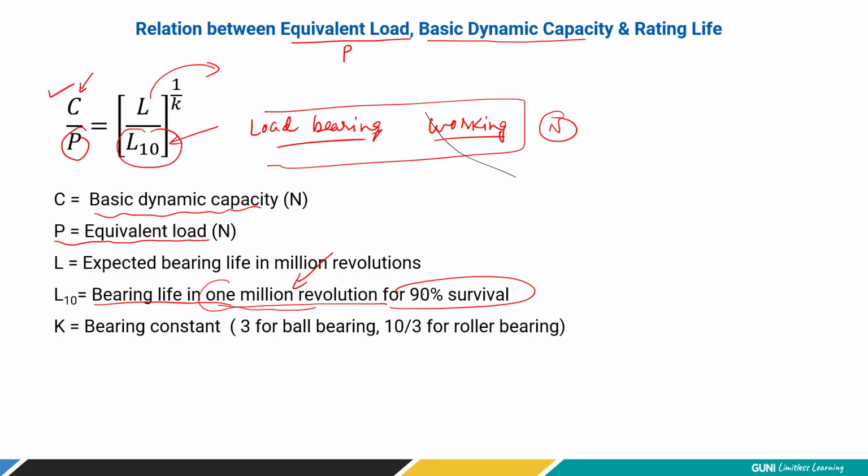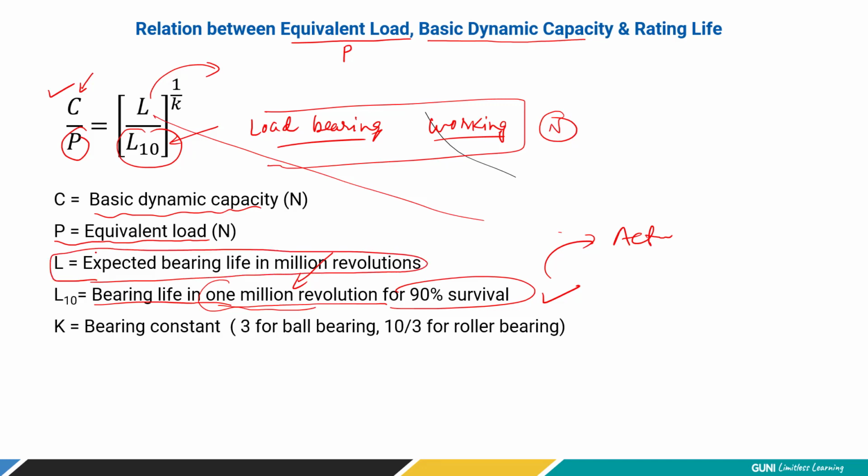If this is the case, what should be the actual working life? That is L, right? So expected bearing life in million revolutions in actual working condition. So this relation is giving you some hint that the design capacity in terms of life is given. So what should be the expected life in actual practice?